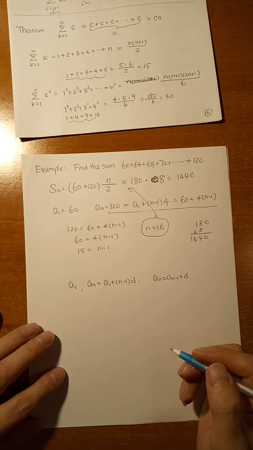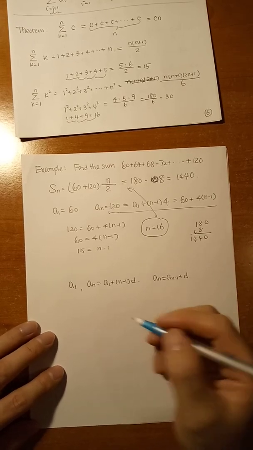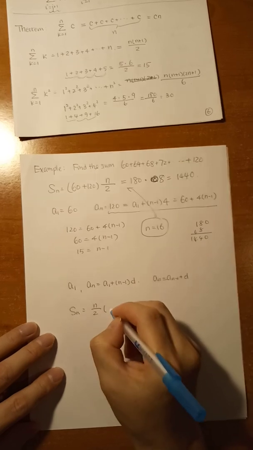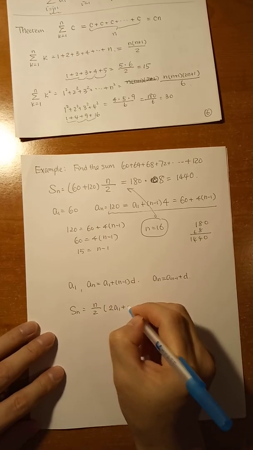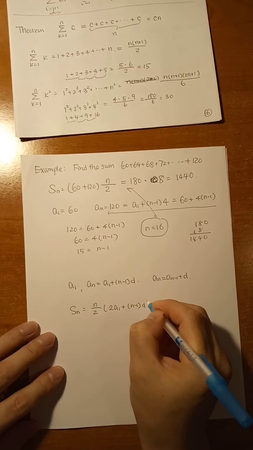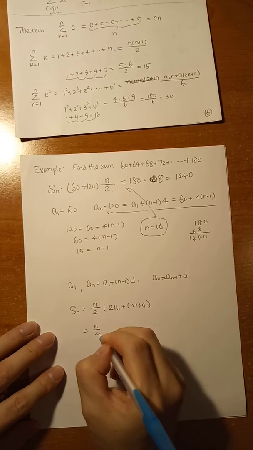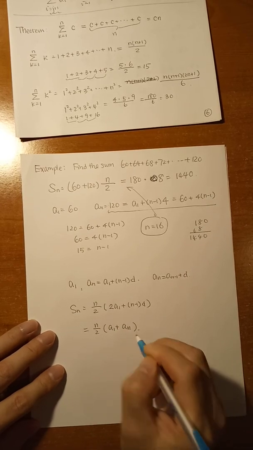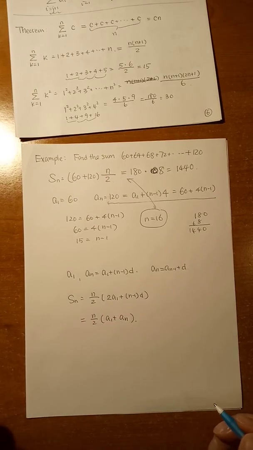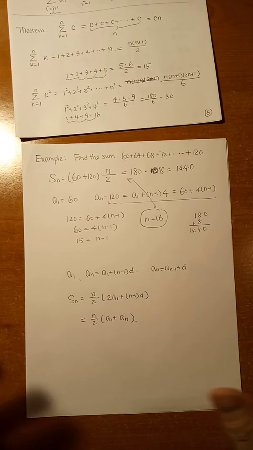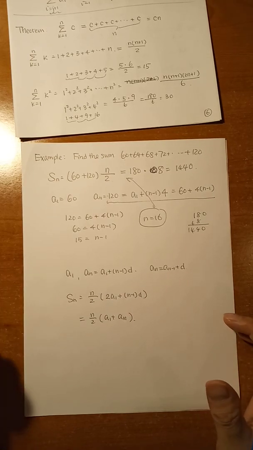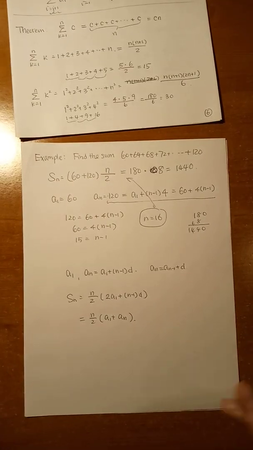You have two definitions, and you have the sum of the first n terms. Those are the most important formulas for the arithmetic sequence. You're supposed to handle them, and you can apply them to the exercises.